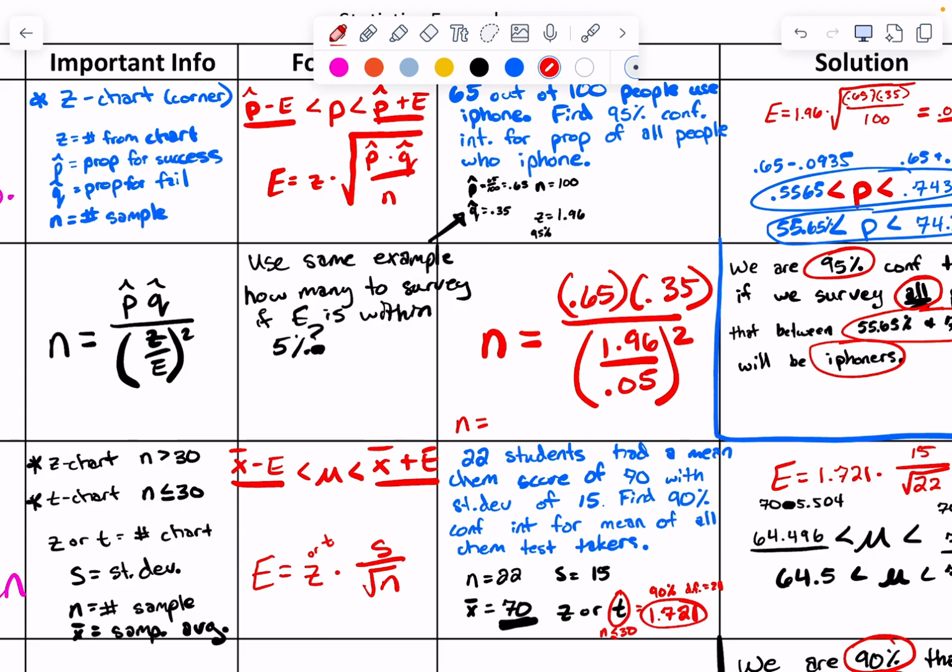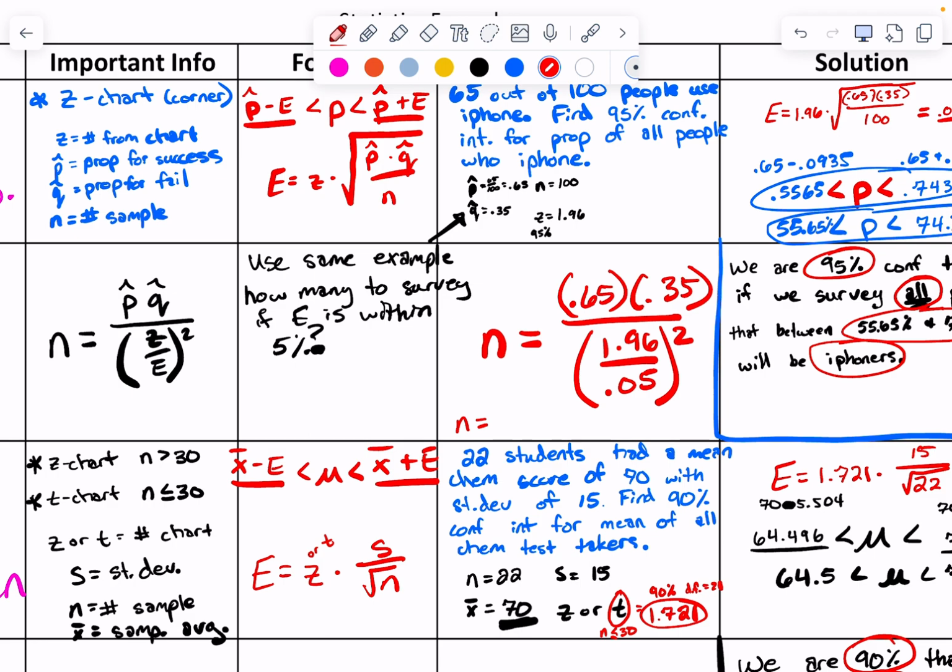0.65 times 0.35 divided by 1.96 divided by 0.05 squared. Enter. Holy Moses, that's not right. Something is not right.